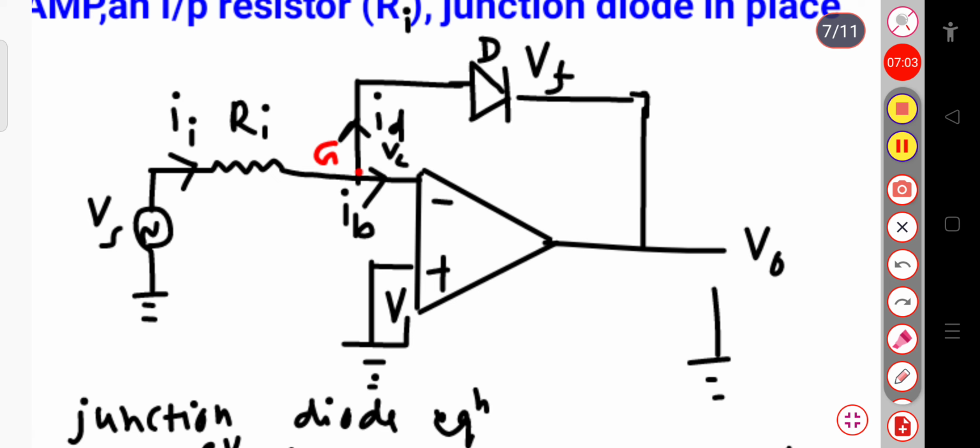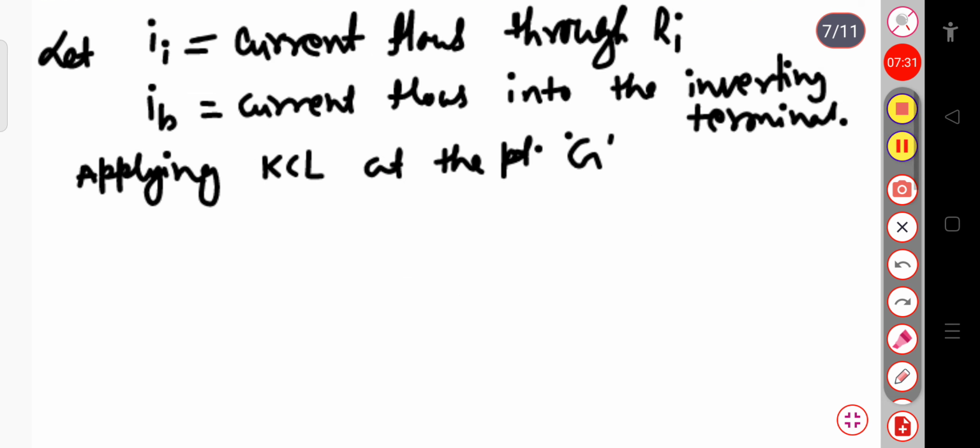Here the current is II, and that is divided: across the inverting terminal of the op-amp the current will be IB, and for the diode this current will be ID. So by applying Kirchhoff's current law, we can write II will be equal to IB plus ID. This is your equation number 3.